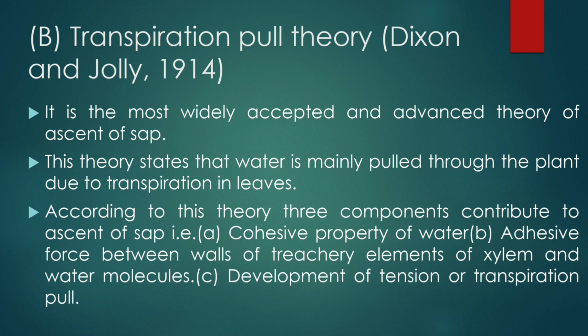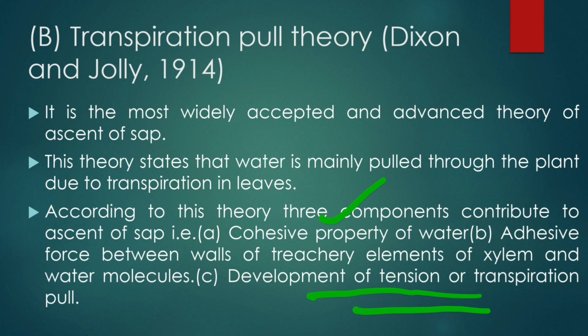One is the cohesive property of water. Cohesive property means the water molecules can travel together because hydrogen bonds develop between them. Then adhesive force between the wall of the tracheary element of xylem and water molecules.